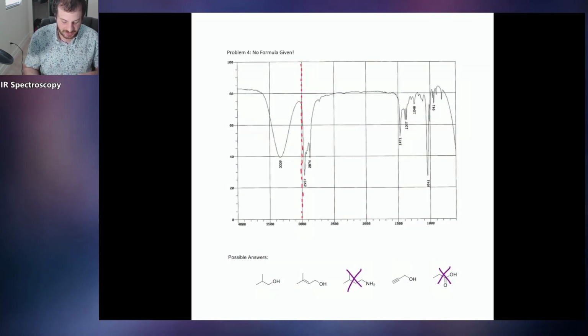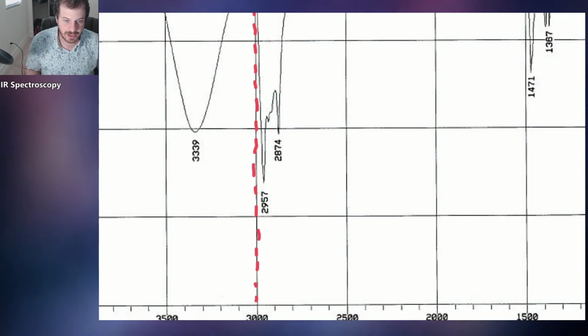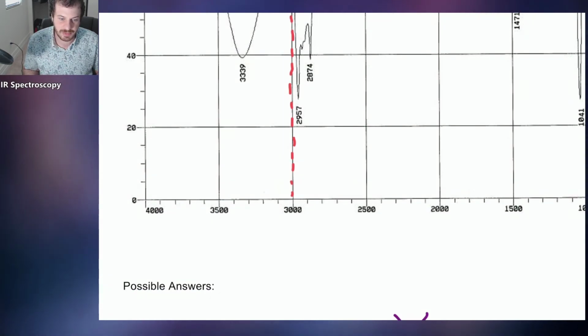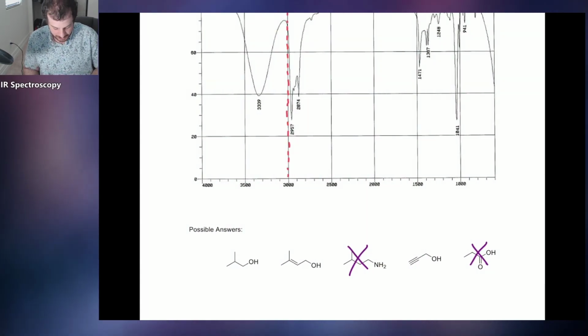If you see stuff right above 3000, that tells you you have a double bond. But if we look over here right above 3000, we don't see anything there. So to me, that eliminates this possibility right here, because there's nothing right above 3000. There's stuff right below 3000, and that just tells you single bonds or triple bonds only.